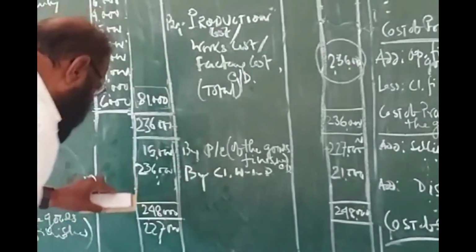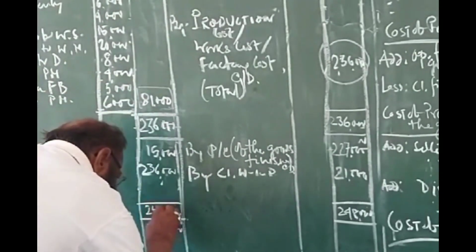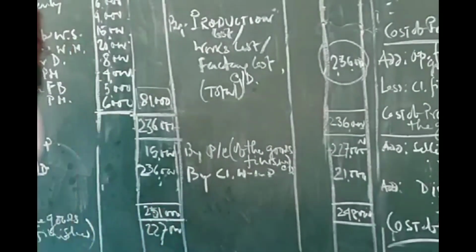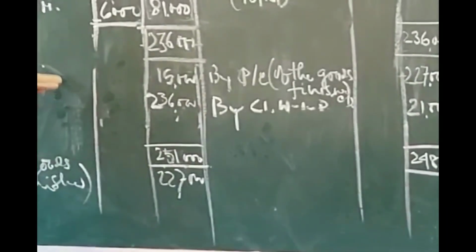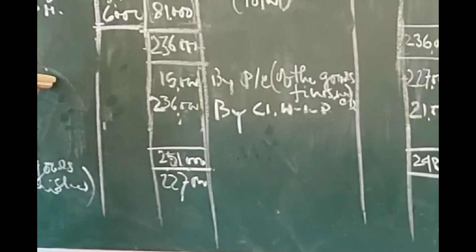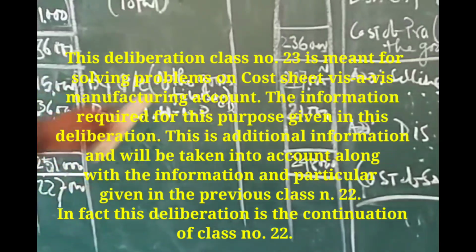So it should be 2,51,000. To the production cost we have added opening work in progress and deducted closing work in progress, and thereby we have got this one.